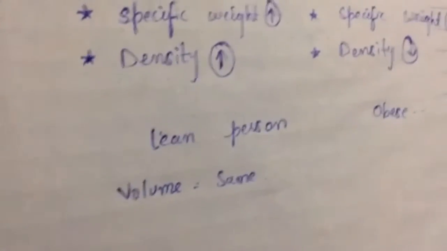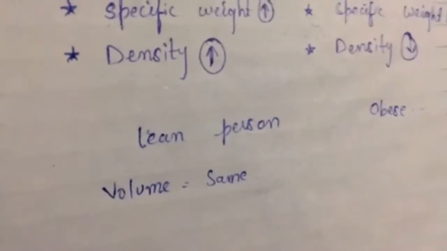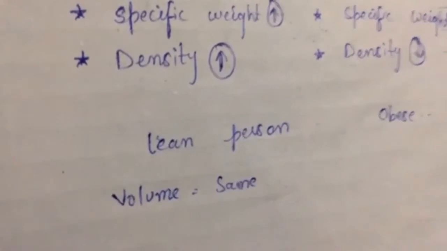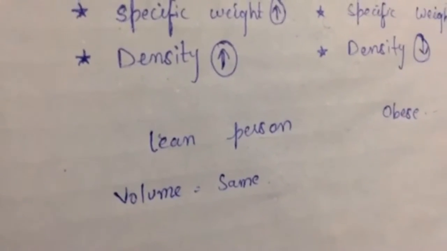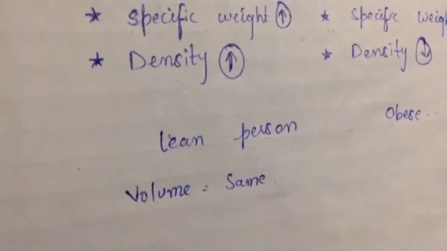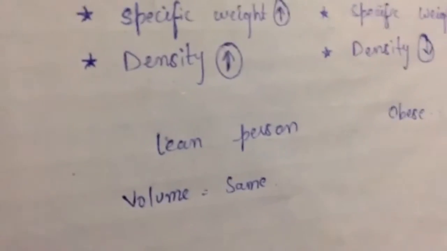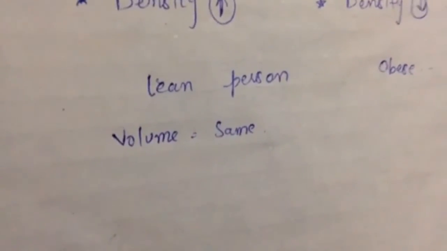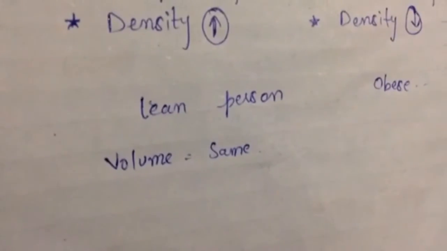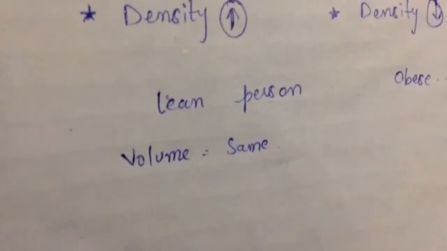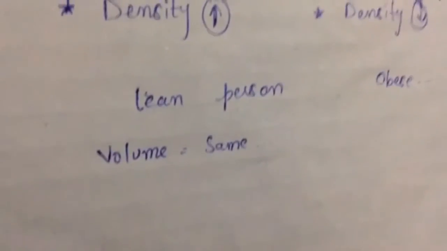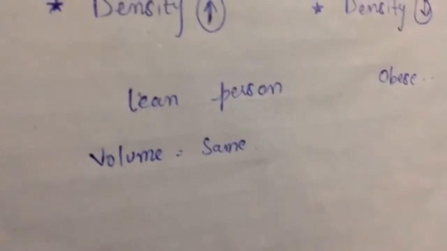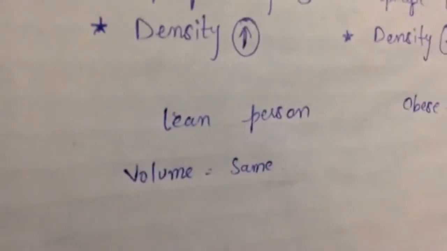But the obese person has more fat than muscle, which means soft material is larger. That means the obese person has less density compared to the lean person, because the lean person has large muscles, and the muscles are tight and compact in the body. So the lean person has more density than the obese person, and the obese person has less density.